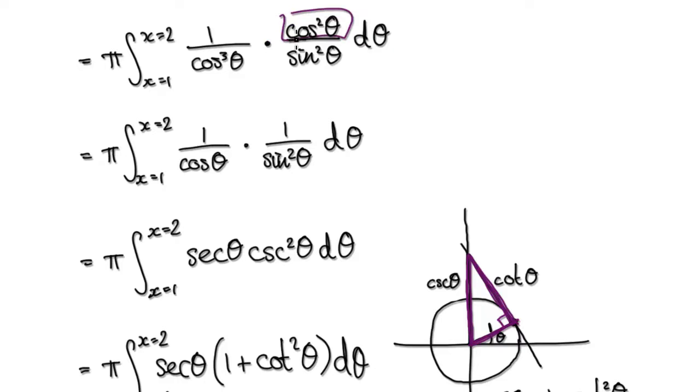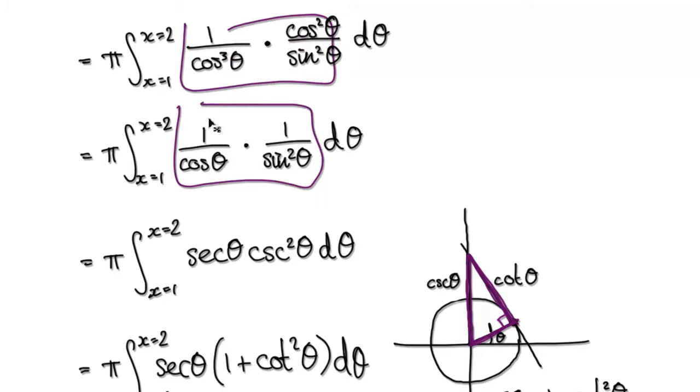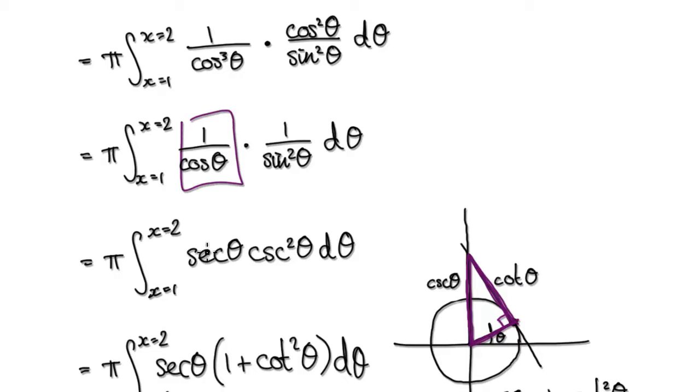Okay, this thing here cancels out with this, and then you've got sine squared here. So from here, that will take you to here, and then this thing here is secant theta, and this thing here is cosecant squared theta.